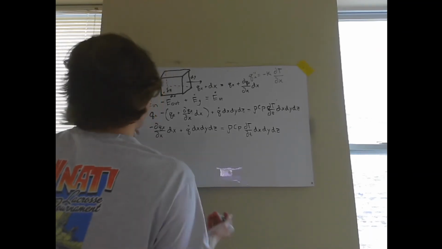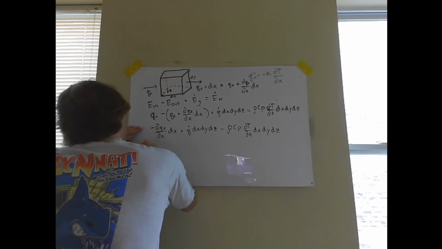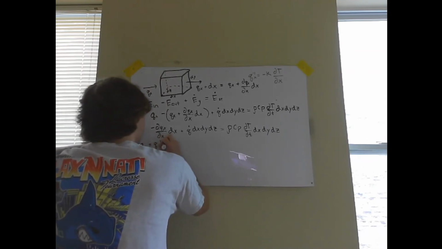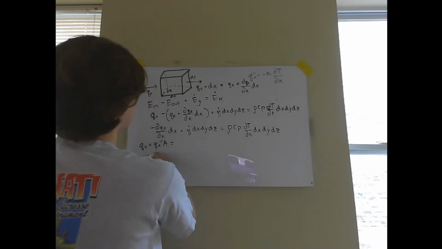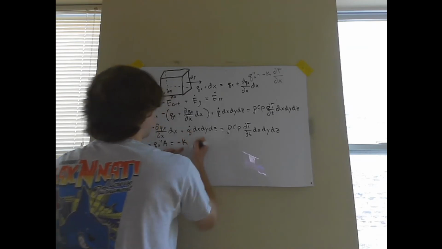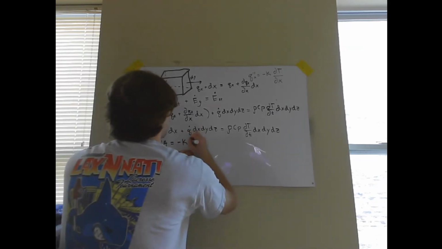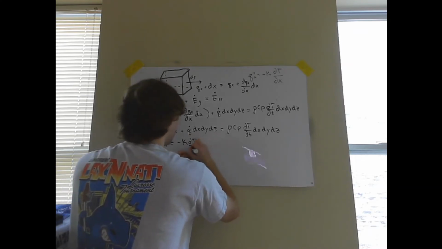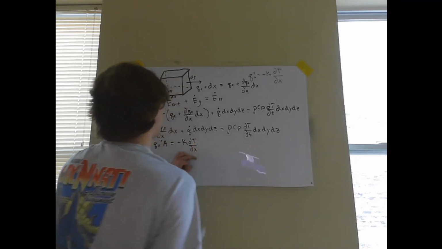So for Fourier's law, we have that the heat flow is equal to the heat flux times the area. And so our heat flux is just negative sign times our thermal conductivity constant times the partial derivative of temperature with respect to x.